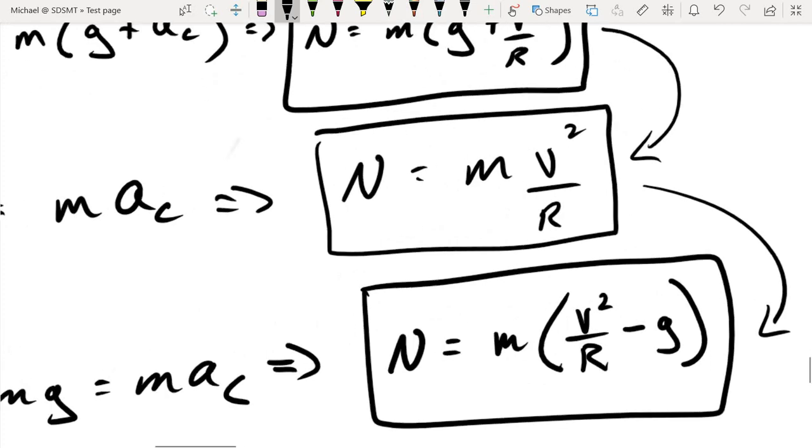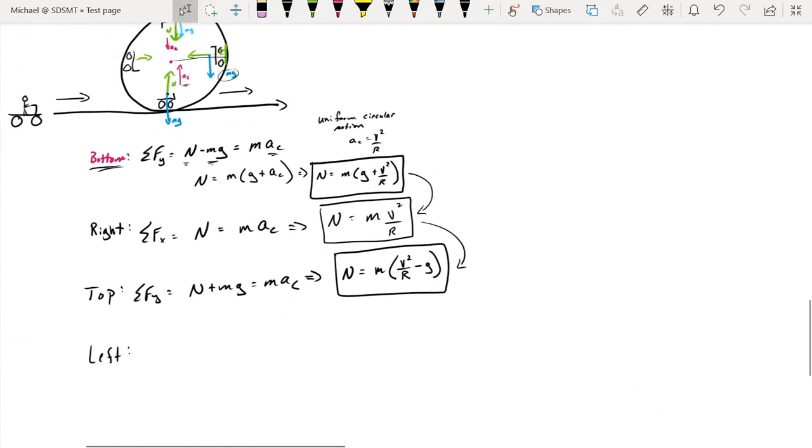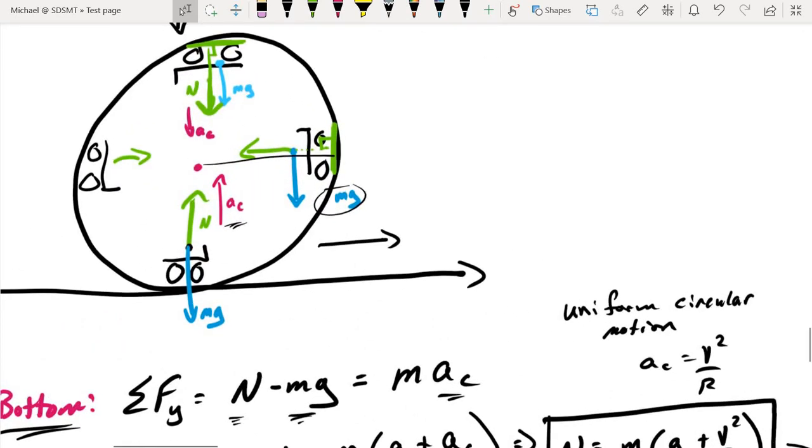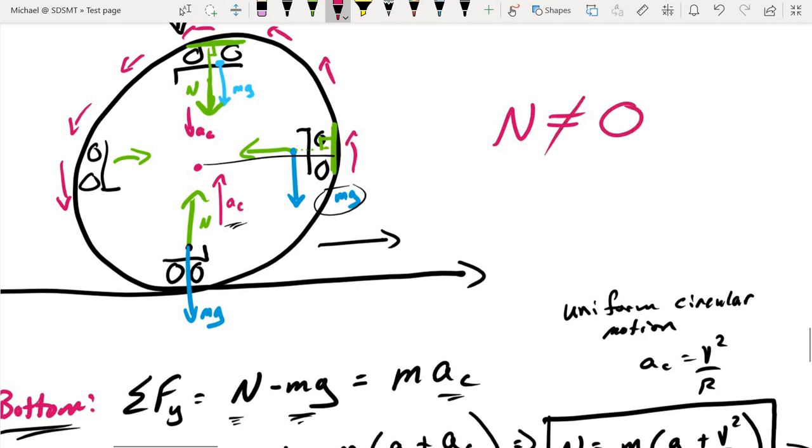And when we're going through this loop-de-loop, the real concern is being able to travel fast enough as you go around the circle such that you don't fall. You want to remain in contact with the track at all points. So we never ever want our normal force to go to zero. We always want to make sure that the bike is touching the track.